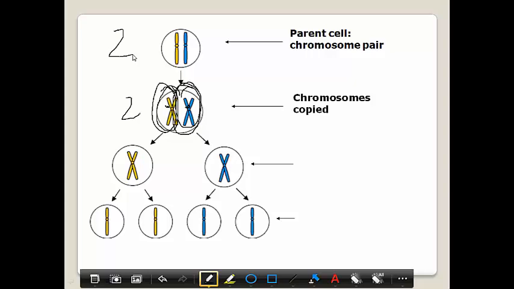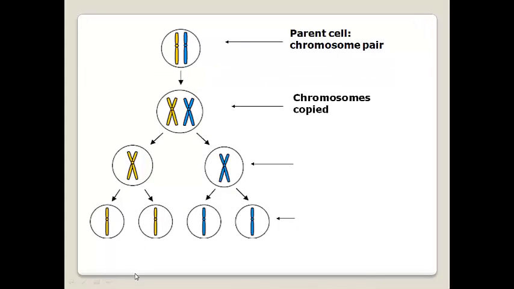The next step in meiosis is to take these 2 chromosomes, in this case, and divide them apart. You can kind of see that happening in the next diagram. We call this our first division, and this is when your pairs split.